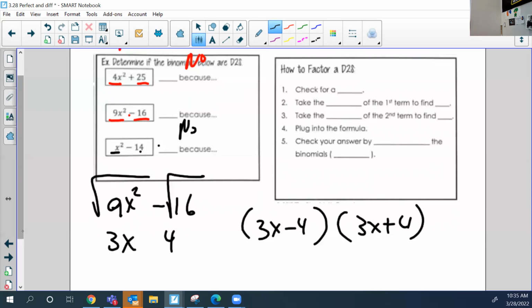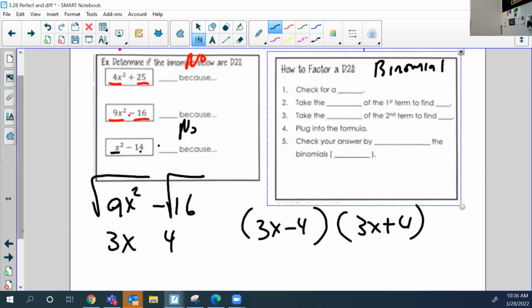Here it kind of explains how to solve it. This is what we did a while ago, right? Do your checks. Is this a binomial? Are both terms perfect squares, and is there a minus sign?